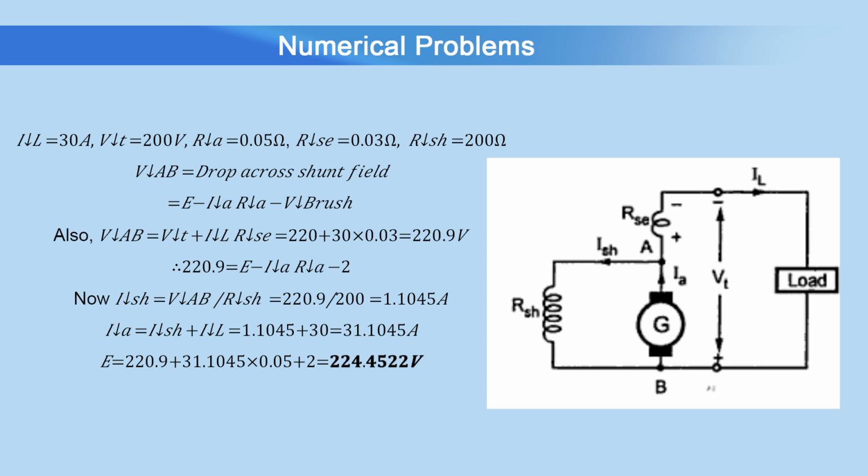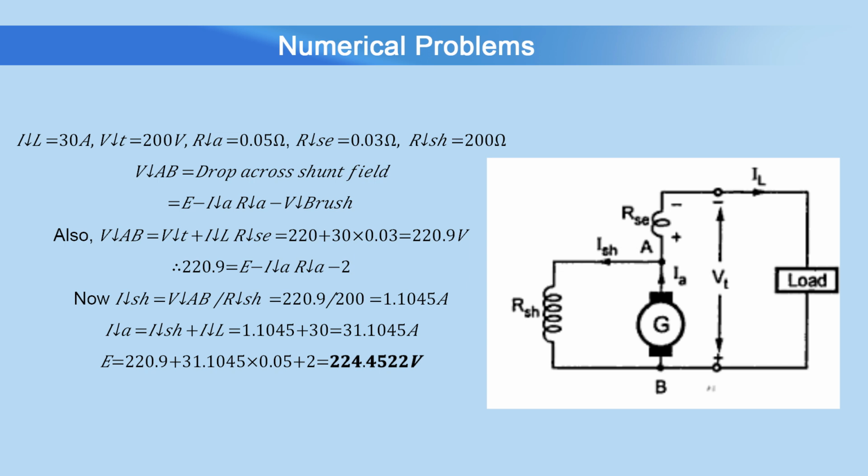Now there are two ways to find the voltage across the armature. By the first method we have derived the voltage across AB. Now we can derive VAB with the help of the voltage drop across the brushes and the induced EMF. So VAB is equal to E minus IA into RA minus V brushes.